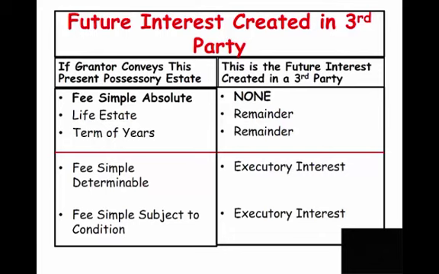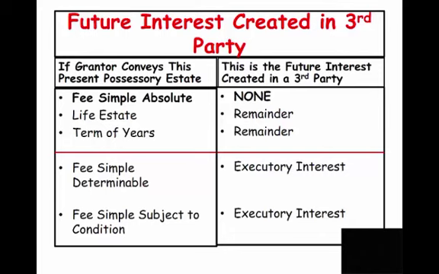By contrast, a fee simple determinable, or a fee simple subject to condition subsequent, is followed by an executory interest when that interest is created in a third party. It's called an executory interest because it literally executes the prior estate holder's interest. Right?